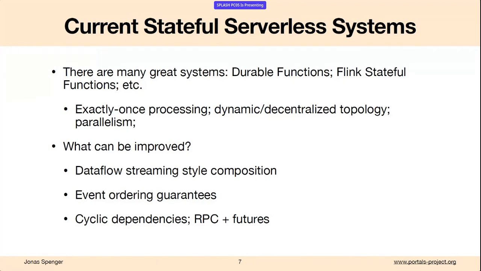For example, an entity in Durable Functions cannot call another entity, because a call is a blocking operation and it's a cycle in some sense. So cycles are always a bit tricky in these systems.